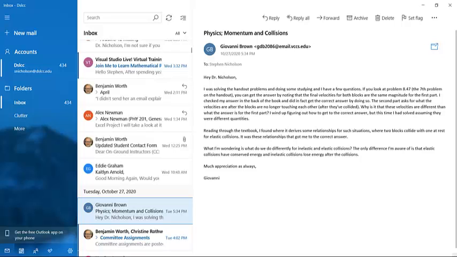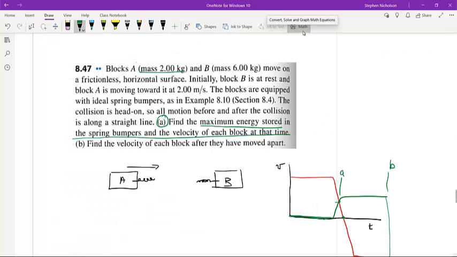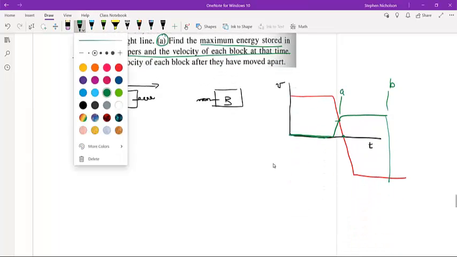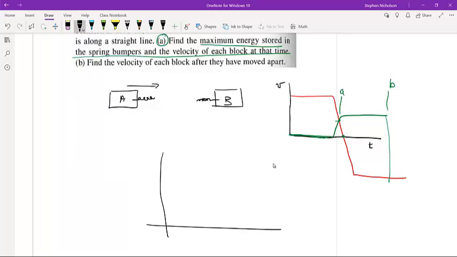Yeah, the thing about inelastic collisions is if you plotted the velocity curves, you would have A moving along, and you would have B stationary. This one would slow down, this one would speed up, and then they would both go at the same speed after that.